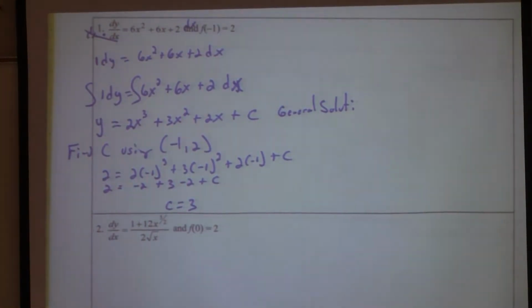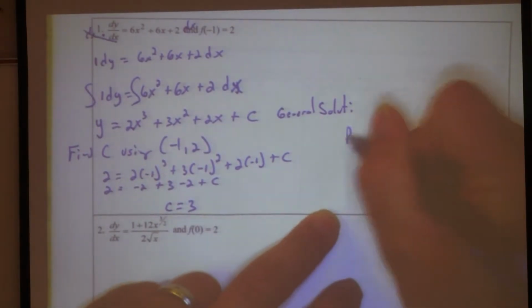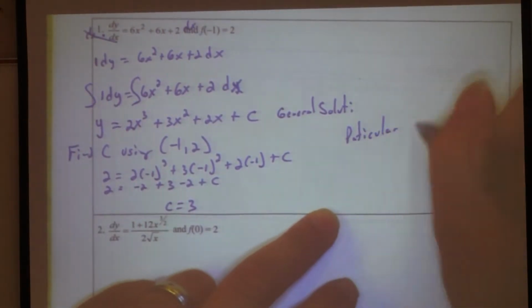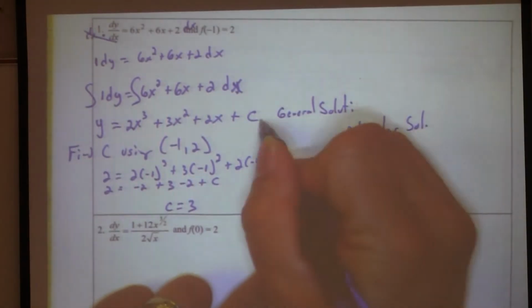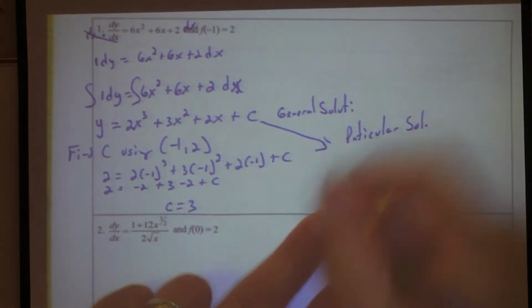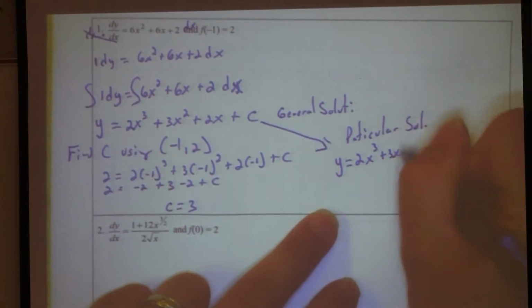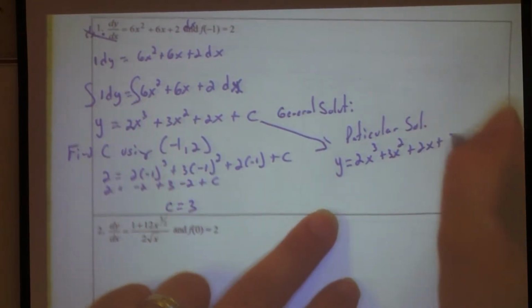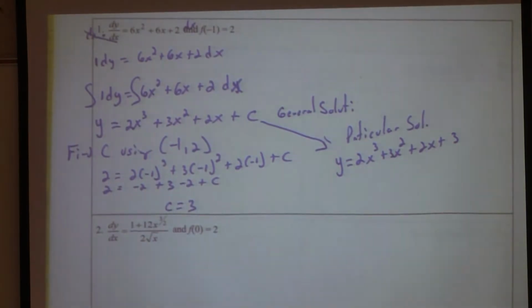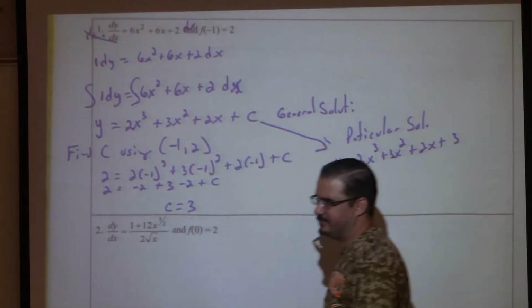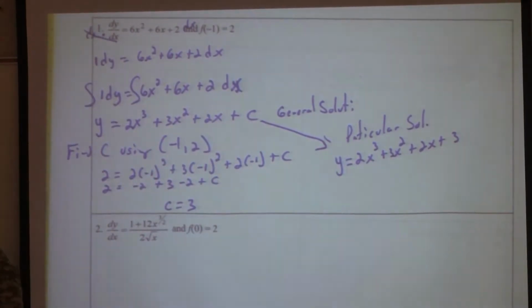Can I write the particular solution now? Yes. So I'm going to come from here, and all I'm going to do is replace what? The C. Finish. Too easy? How can I check my answer?